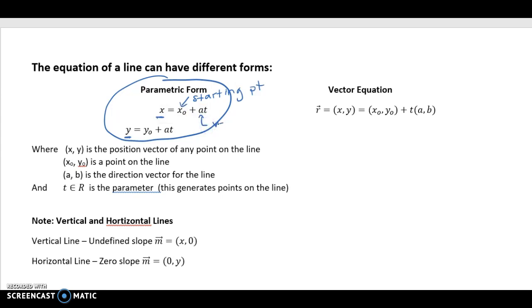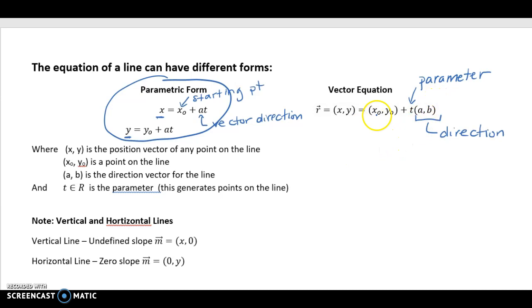In our vector equation, we have a starting point, x naught, y naught, and again we have a direction vector, a, b, and t is something new we haven't necessarily talked about this year. t is what we call a parameter. So depending on what value of t, the parameter takes, the point adds the direction vector to it a multiple of times to create that line.